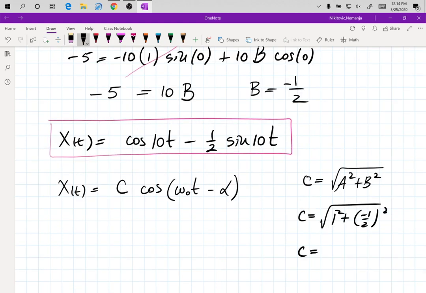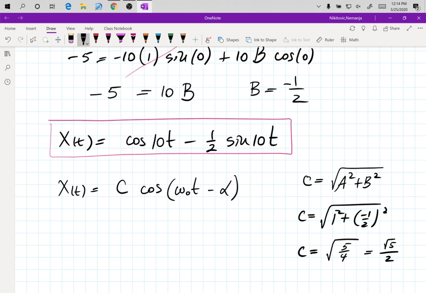So C is going to be the square root of 5/4, which is root 5/2. Right? Negative 1 half squared is 1/4, and then 4/4 plus 1/4 is 5/4, and then square root of 5 stays, and you have a half there. So C is equal to that.